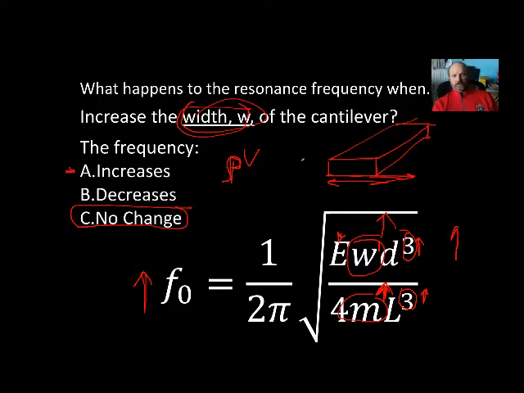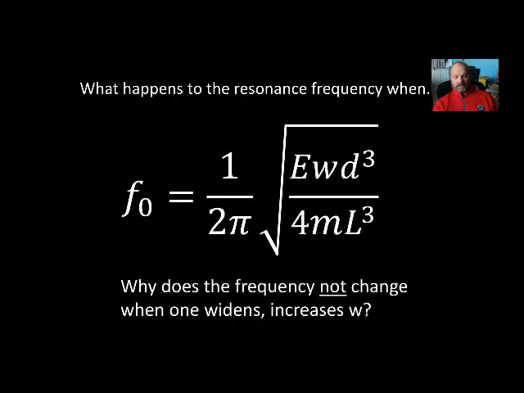And the volume of a rectangular solid is width times length times thickness. So now you've got a width in here, so the two widths cancel out, and we'll show that in the following slides.